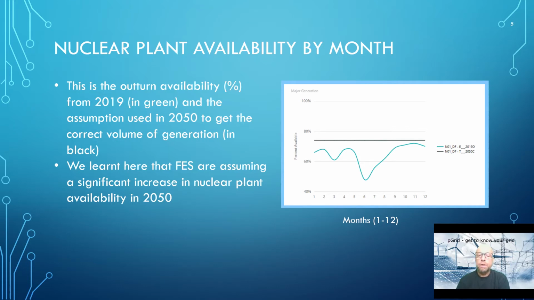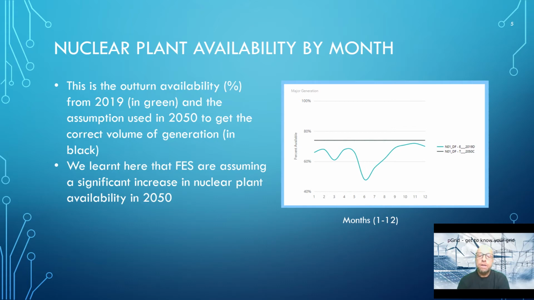So they're quite different. The black line is basically calculated by us from what the scenario team at FES told us, which is we have a nuclear power station, it runs so many megawatts and produces so many megawatt hours in the year, so that gives us the ability to work out what its availability must have been. We don't know how it shapes, so we've just assumed it's the same throughout the year.